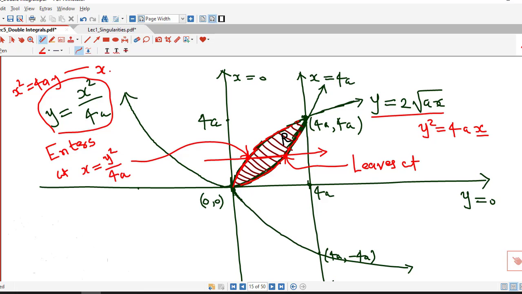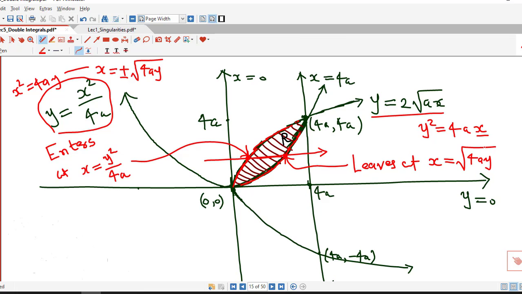But at this point the value of x is positive because it is on the right side of the y-axis. So we consider only the positive value of x. X is square root of 4ay. So the limits of x are from x equal to y square by 4a to x equal to square root of 4ay.